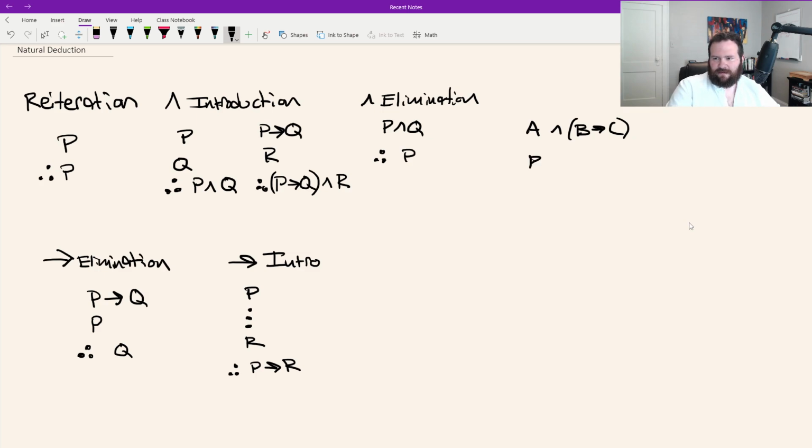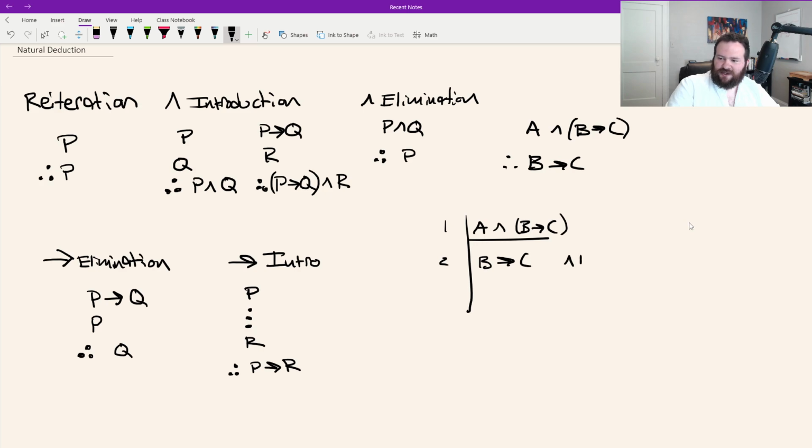And you want to know if B, then C. Pretty simple, right? It's only going to require one step. Premise A and if B, then C. That's premise 1. And step 2, if B, then C, conjunction elimination 1.